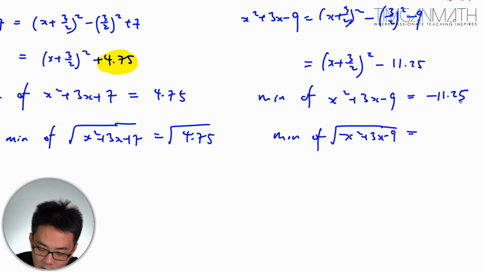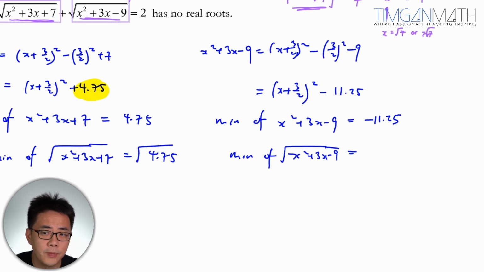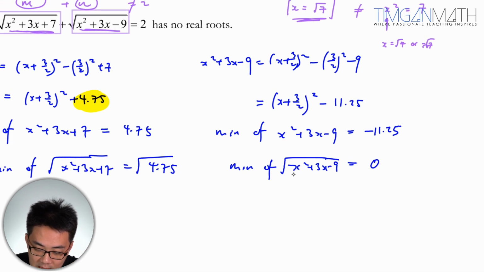Now take note, you can't square root a negative number in your syllabus, so you're dealing with numbers in the real realm. That's the reason why the minimum of this number here should be 0, because you can't square root a negative number. You have to keep going up in value, and there's a point where this can be 0. So that will be your minimum.